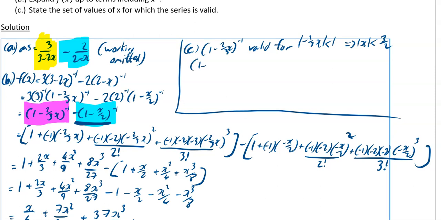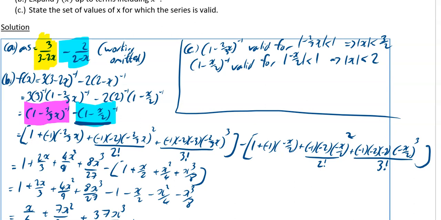The other series, which was 1 minus x over 2 to the power of minus 1, was valid for modulus of minus x over 2 is less than 1, which therefore means it's valid for modulus of x is less than 2.